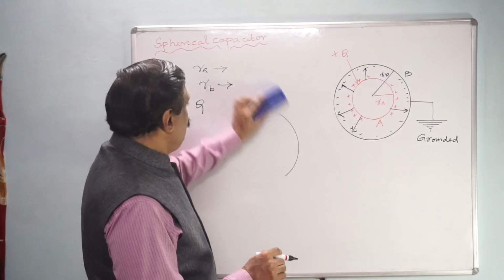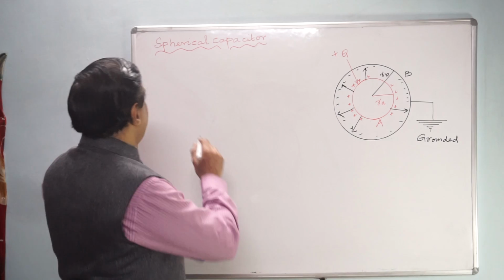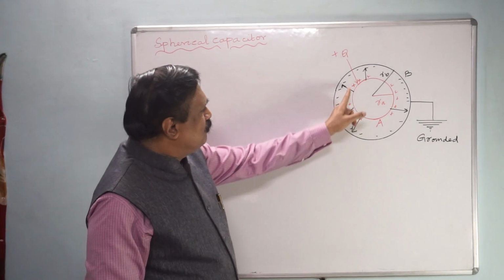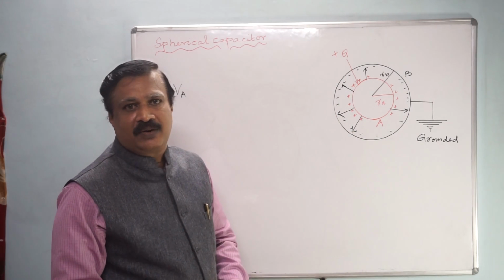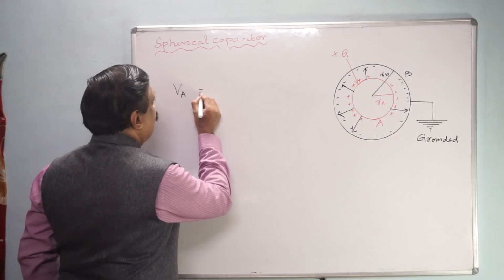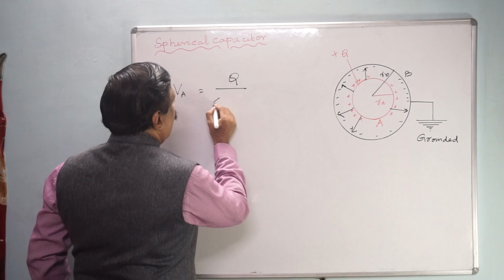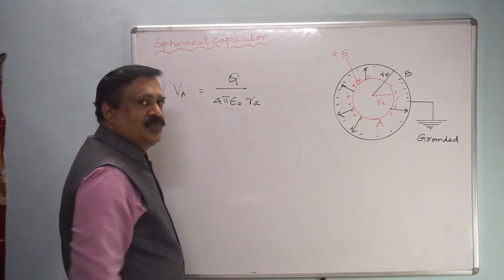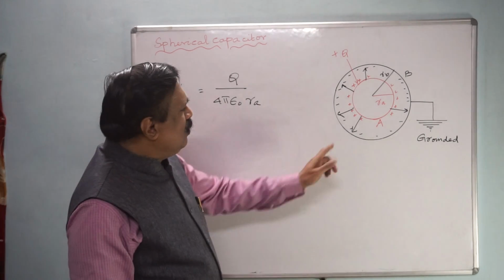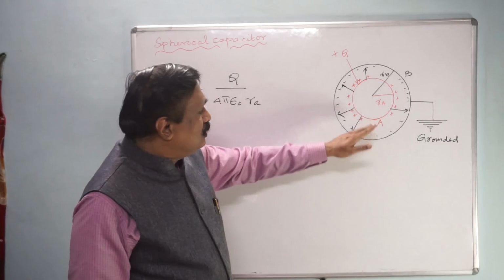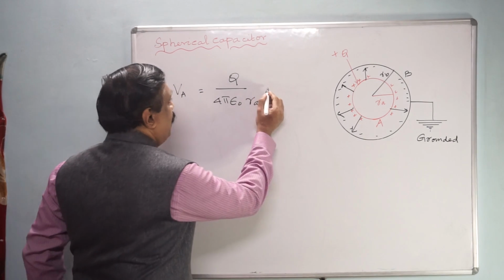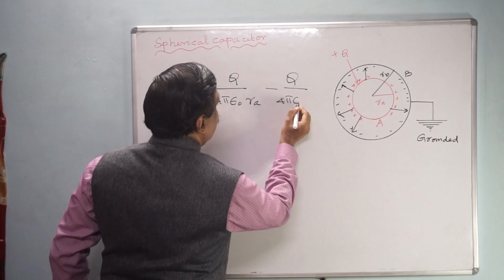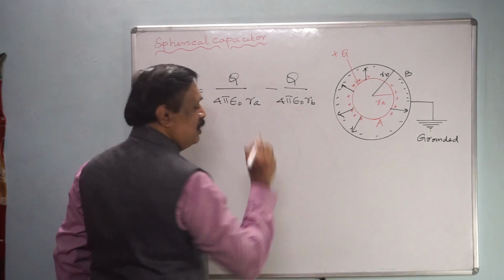Now, the potential is given by VA, that means the potential of this hollow sphere, which is equal to Q by 4 pi epsilon 0 RA. Now, it is between this and this, therefore minus Q divided by 4 pi epsilon 0 RB.